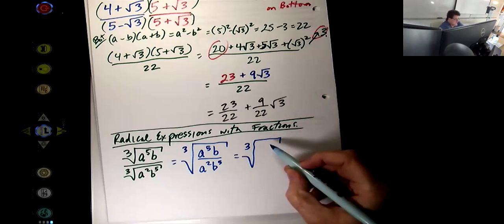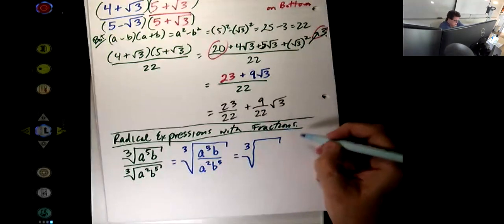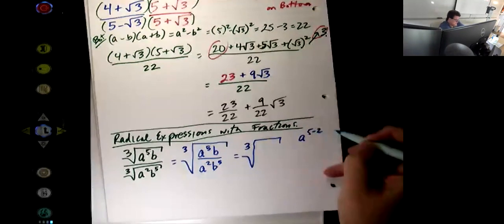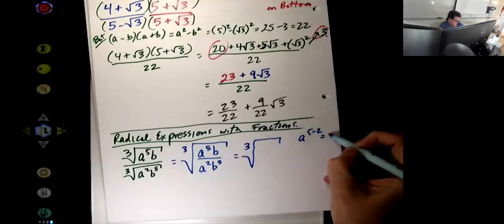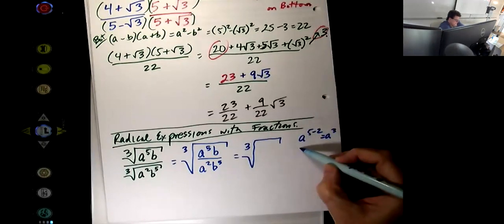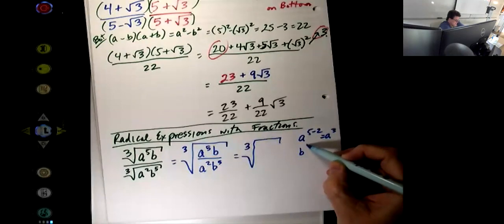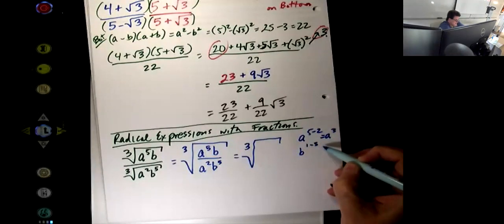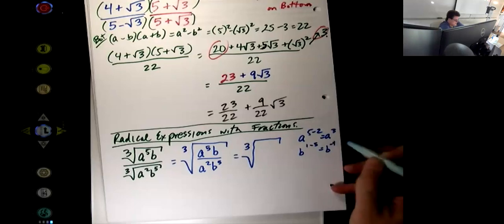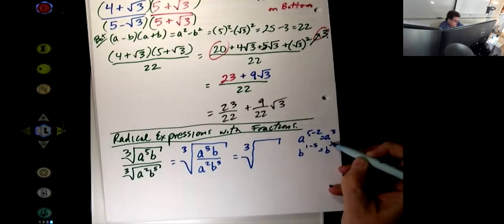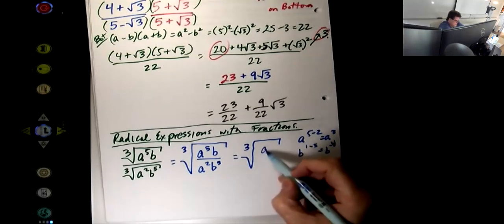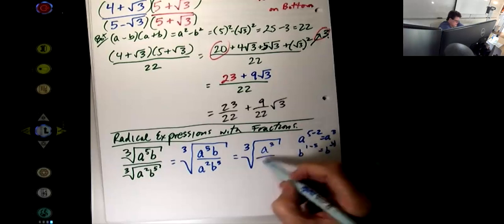A to the fifth power over a squared is a to the 5 minus 2, gives me a cubed. B to the first power over b to the fifth power is b to the 1 minus 5, is b to the negative 4. So I'm going to leave this as a cubed on top, and then I'm going to put the b to the fourth power down here.